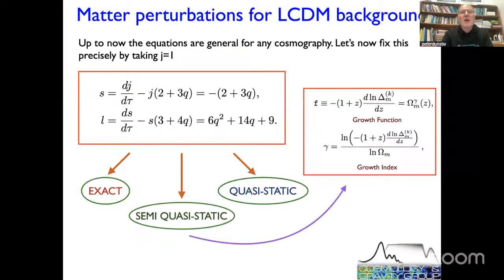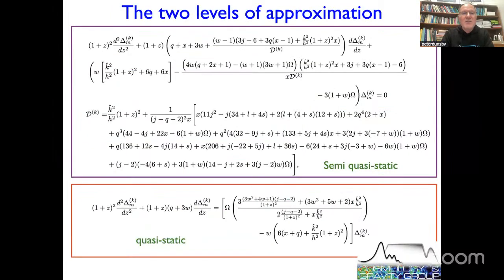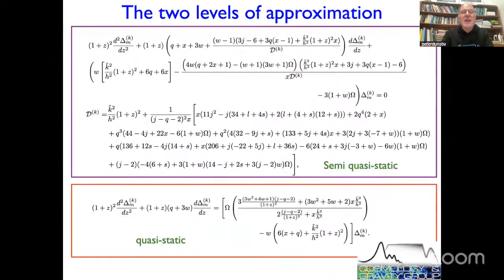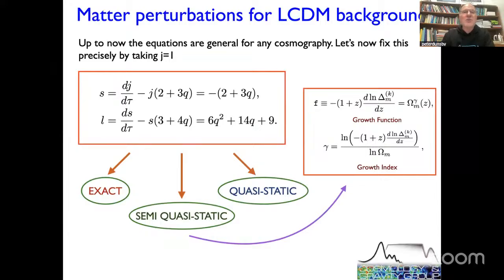Okay, so again, these equations I've written down here are completely general, so we don't specify what our cosmography is, what our background expansion history is. We can now specialize to our lambda CDM background, so the background that I've described up till now.